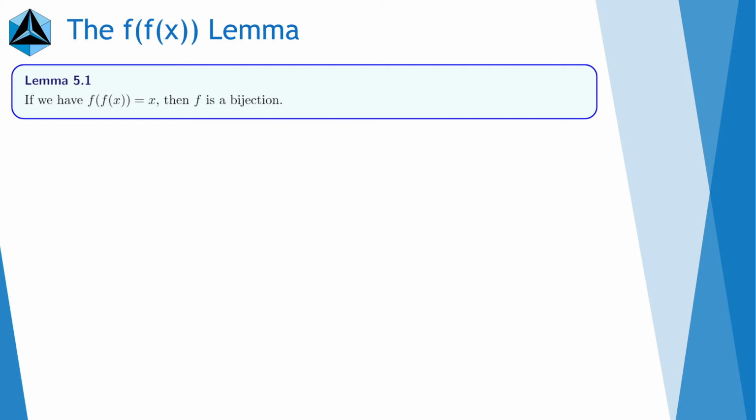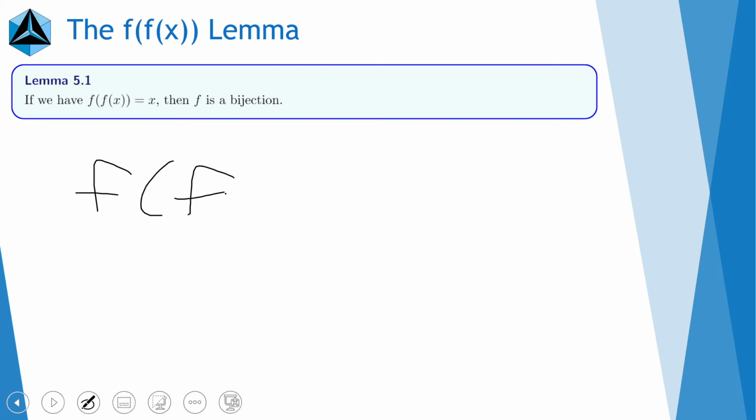First we want to prove that it's surjective. Clearly, x can be anything. Since x can be anything here, this can range over anything that we want to make it.